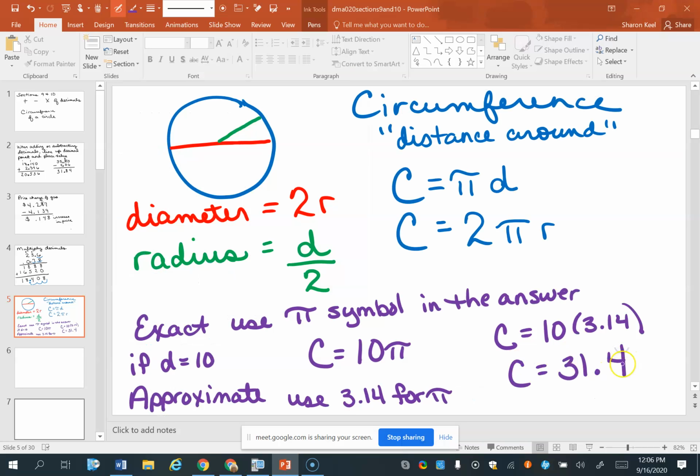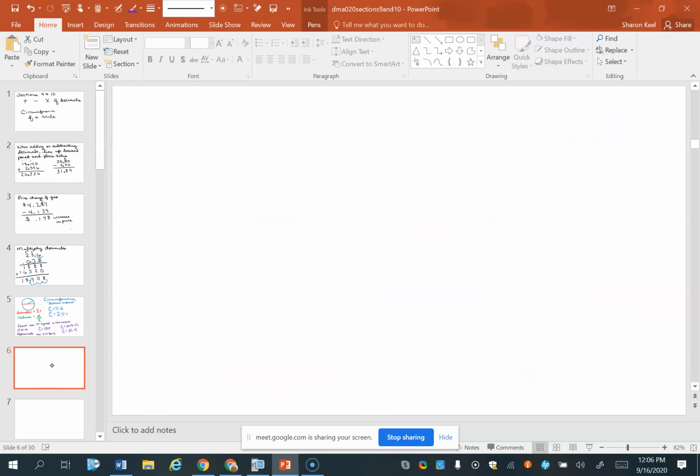And that would be the approximate answer. So that's one thing to take note of, whether you're asked for the exact or the approximate answer. Let's do one more example of that.